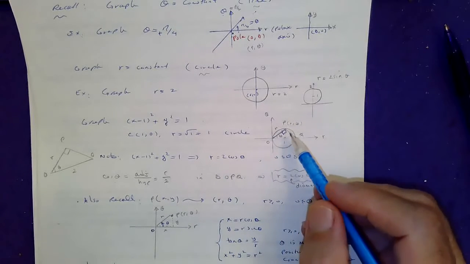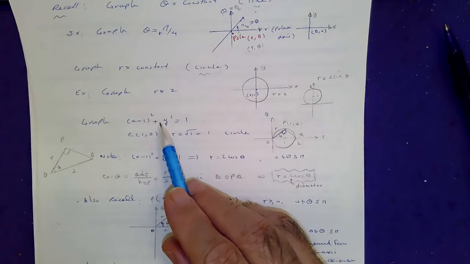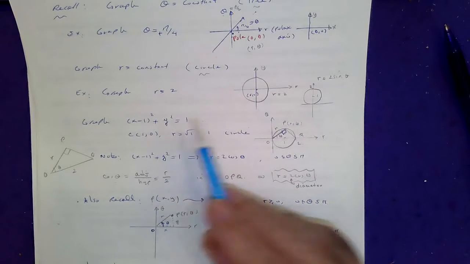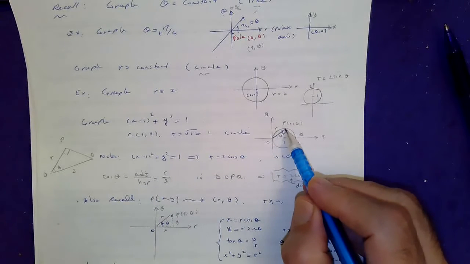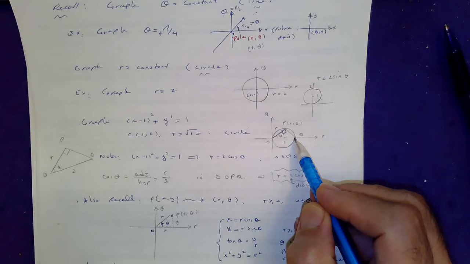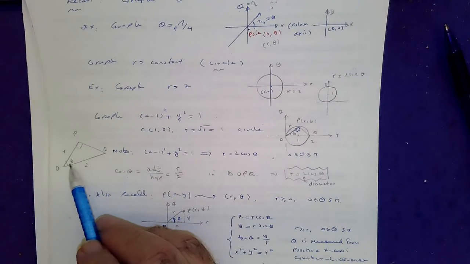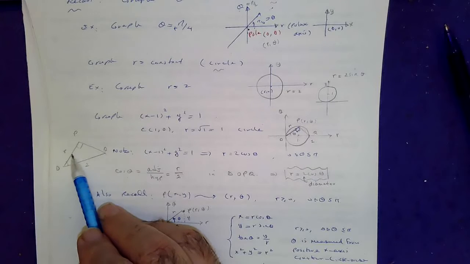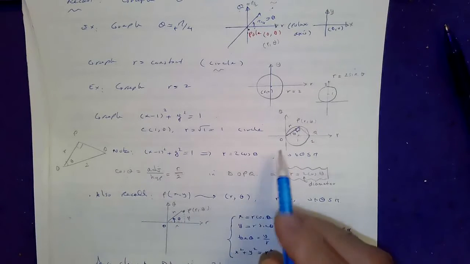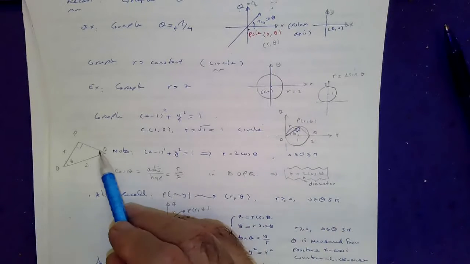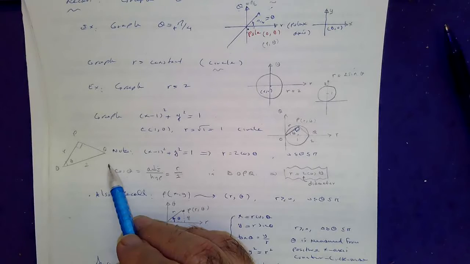Well, if you go back to the graph of this function right here, you would have this. And if you zoom in, you get something like this. Notice the cosine of theta is adjacent over hypotenuse. Hypotenuse is 2, because that angle is 90 degrees, correct?